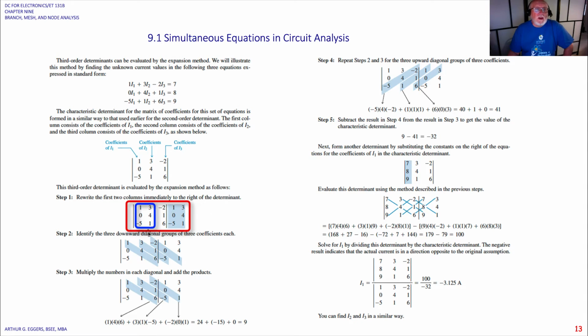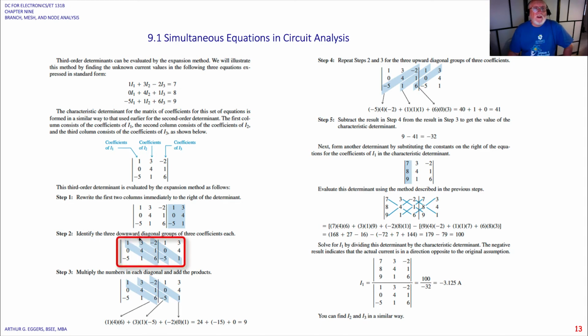So we take column 1 and column 2, we rewrite it over here on the next column. And the reason for this is because we're going to be multiplying all of these, all of these, all of these, and taking the differences. So this just makes it easier to keep track of those values that we are adding to our product.